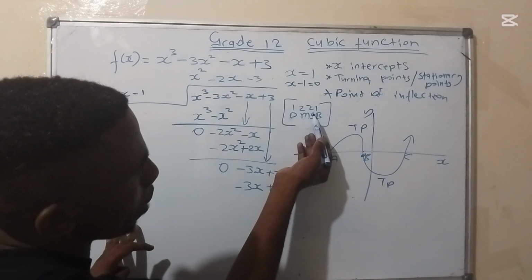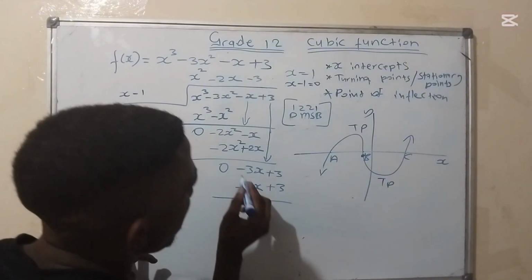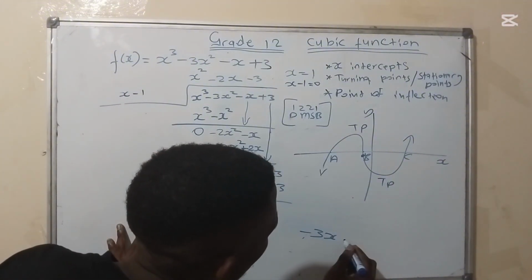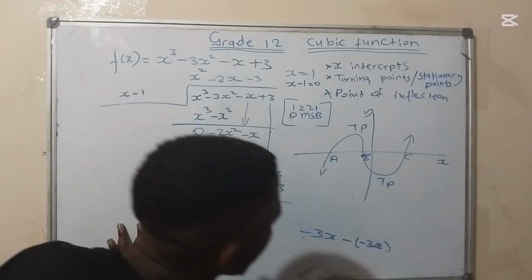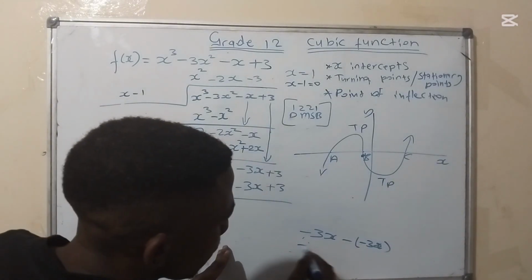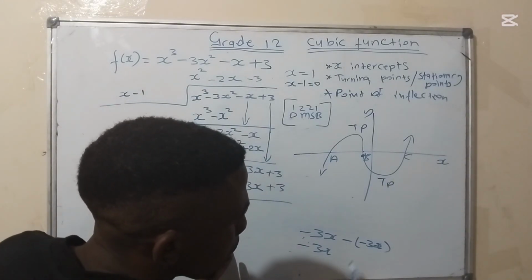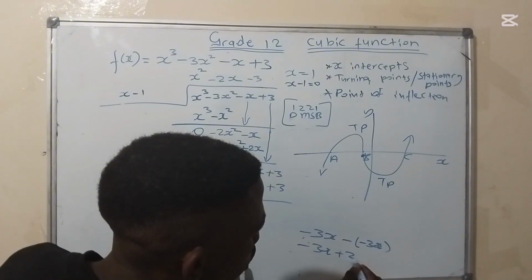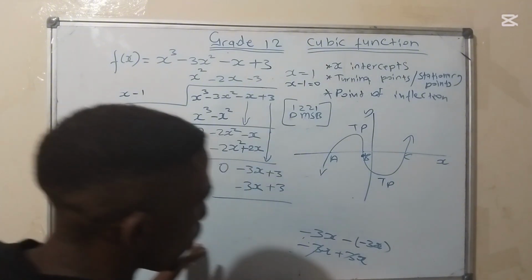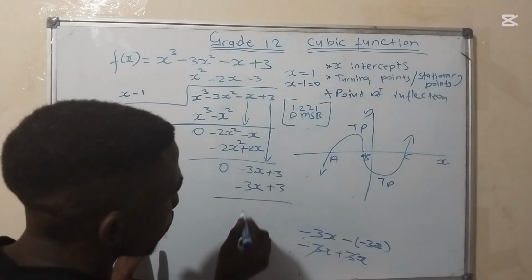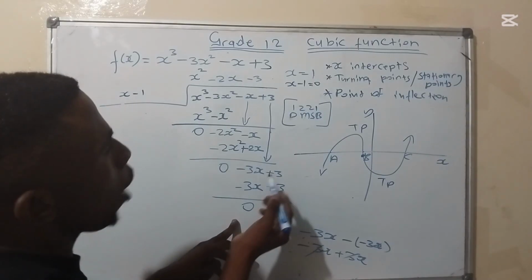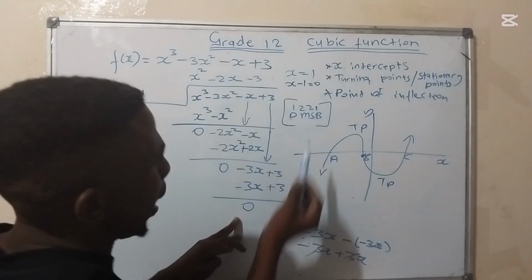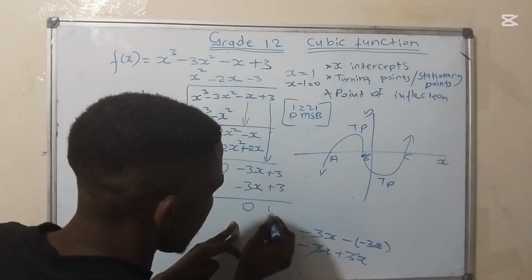You're going to subtract how many times? Only twice. Then minus 3x minus 3x. Then minus 3x, minus multiplied by minus is positive 3x. Then the combination of this will cancel out. We are going to be left with the 0. Then we have to subtract how many times? Twice. Then 3 minus 3 is 0.